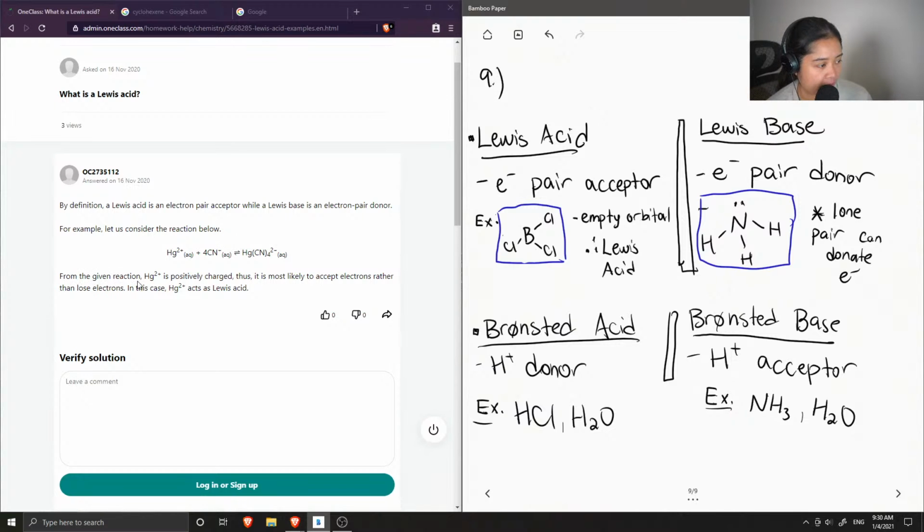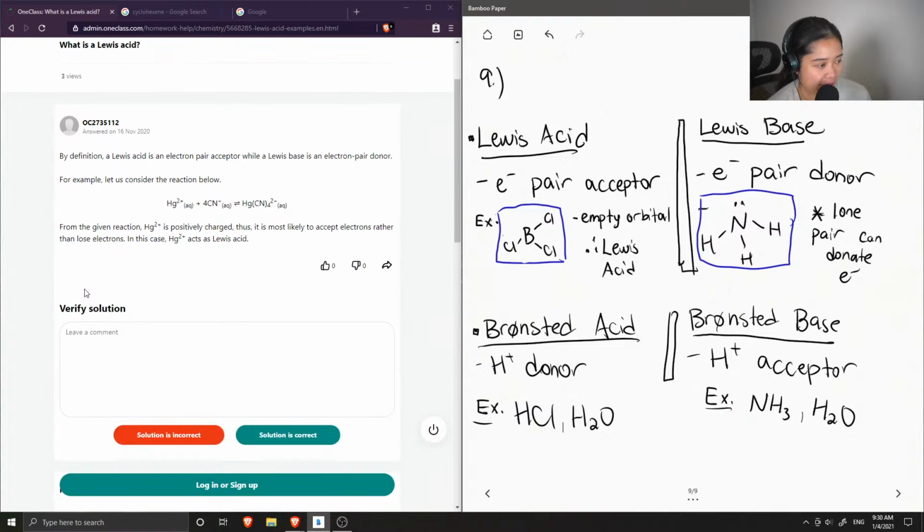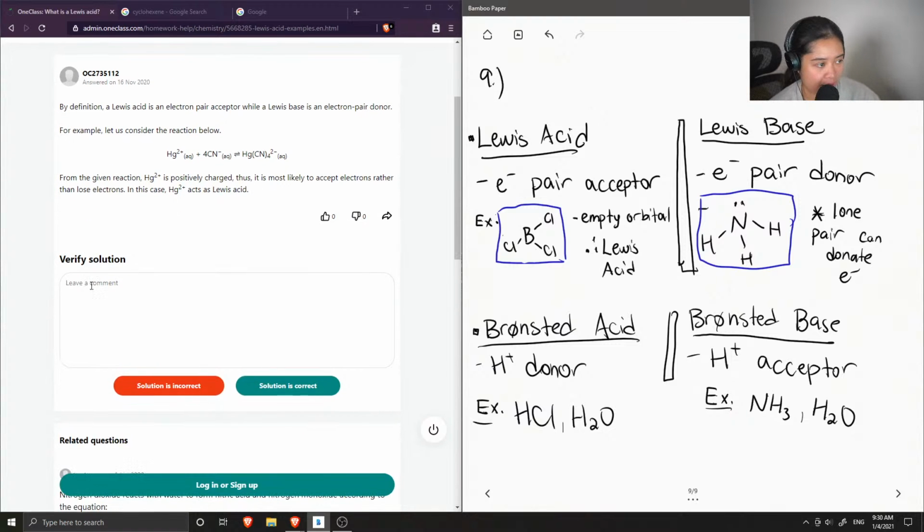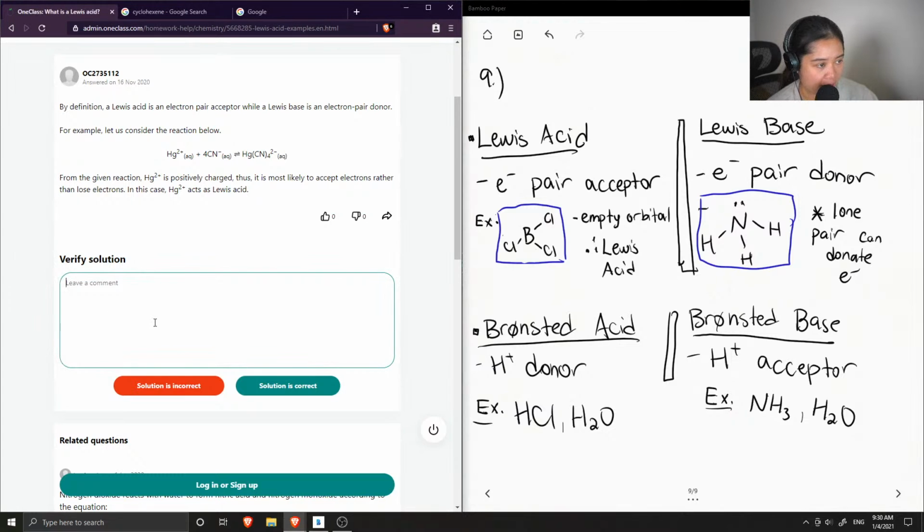And from the given reaction, mercury 2+ is positively charged. Thus, it is most likely to accept electrons rather than lose electrons. In this case, the mercury acts as Lewis acid. Okay, so this solution is correct.